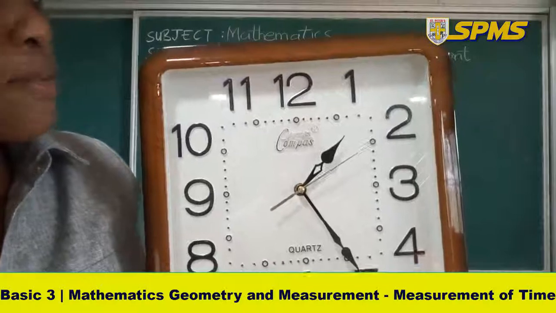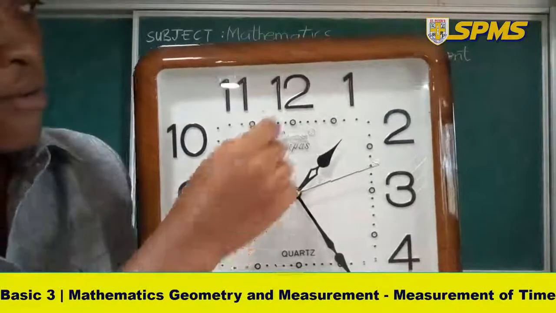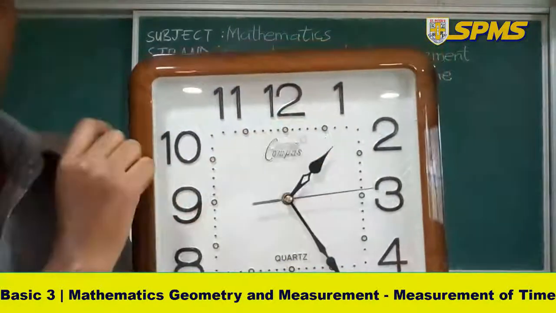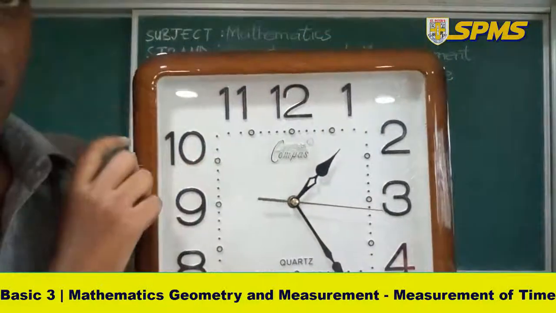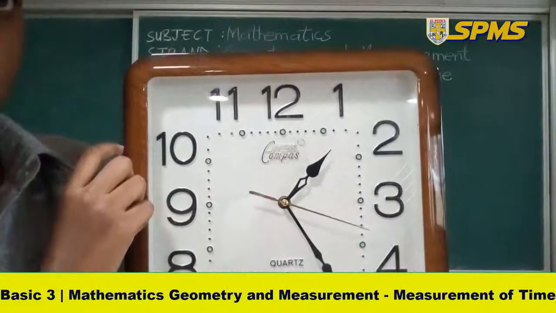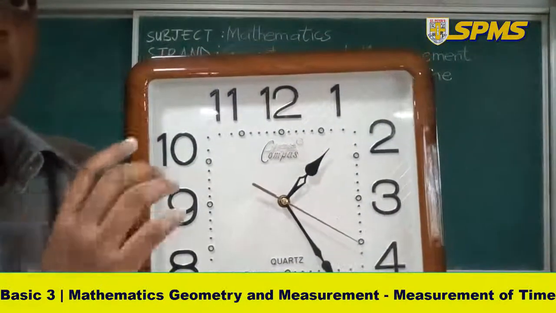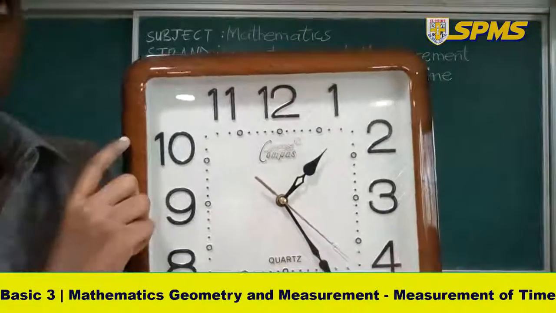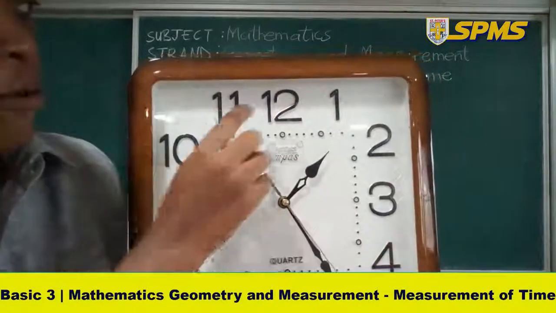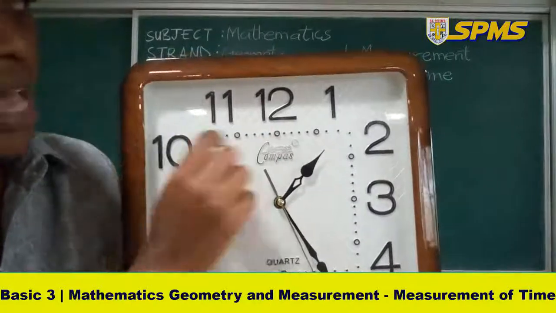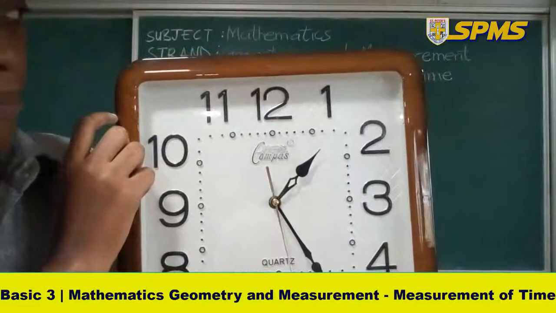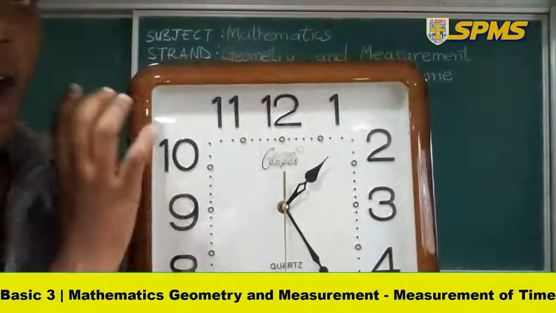Good. It is 60 minutes because from 12 to 1, we have small strokes in them, which is 5 strokes. So from 12 to 1, there are little strokes in them, which sum up to 5.